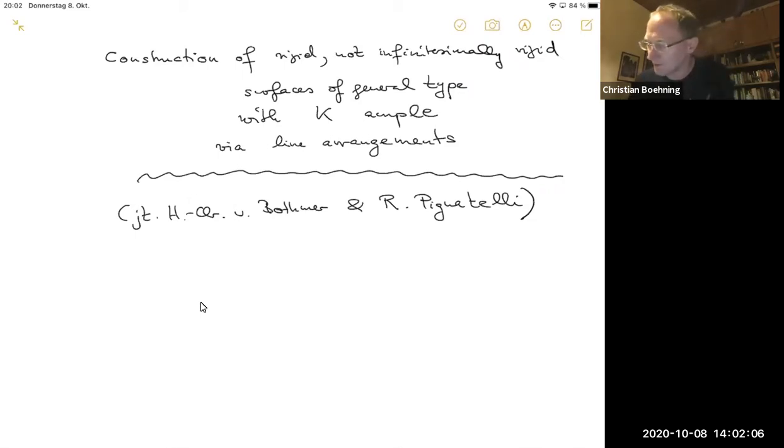Right. This exploits a very nice connection between synthetic projective geometry and combinatorial geometry of line arrangements in the plane, and the theory of algebraic surfaces.